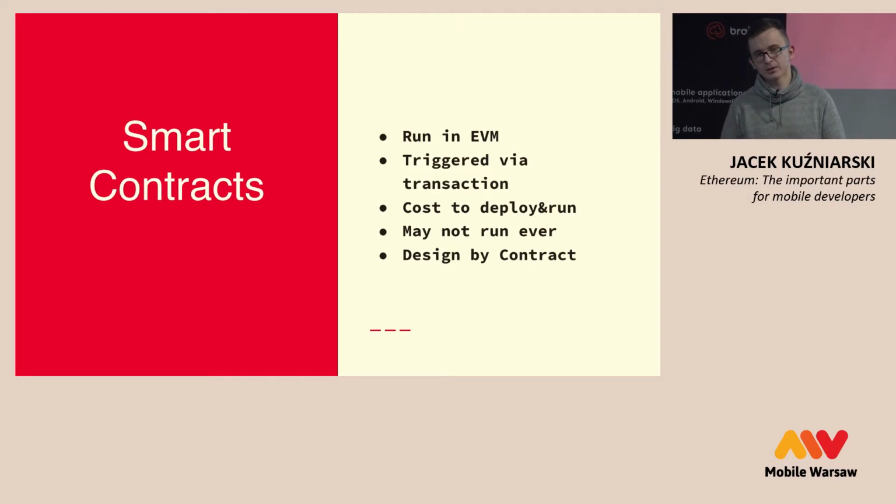Because each transaction costs to deploy and run. So we have the Ether, the basic currency that we pay for everything, for our transfer, cash, and so on. And it costs, hold on, because I got lost. So everything costs.